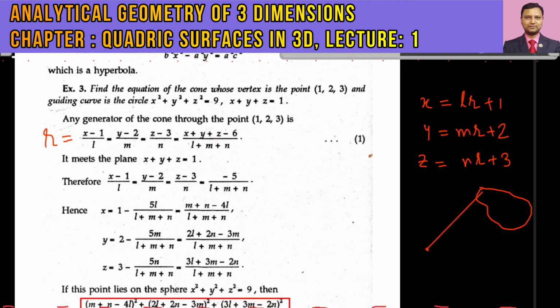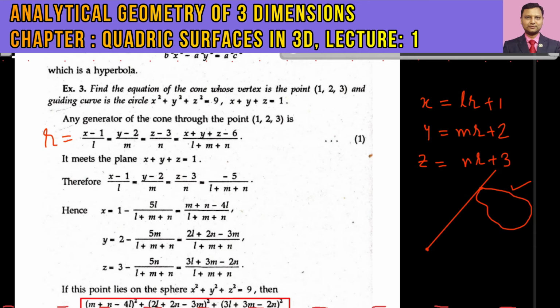So this is the generator. Okay, and you see, of course, for a certain value of r, a point on this generator must pass through this guiding curve.